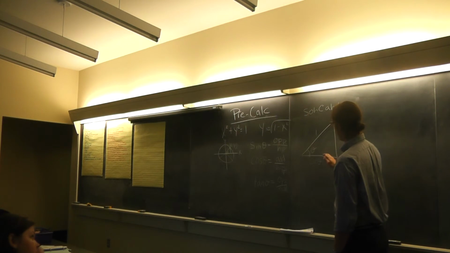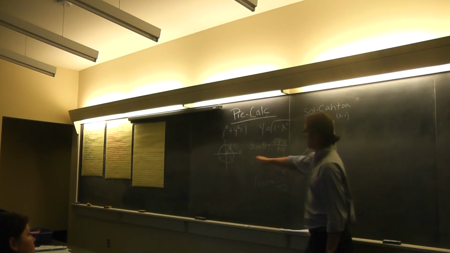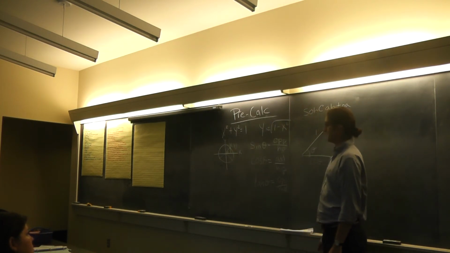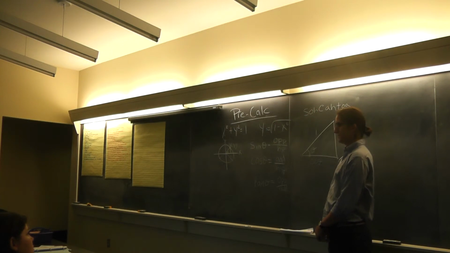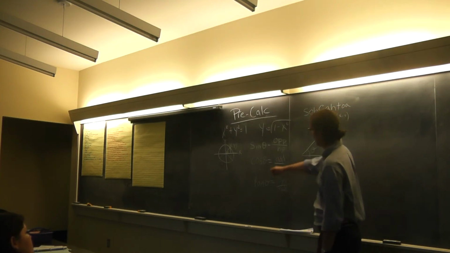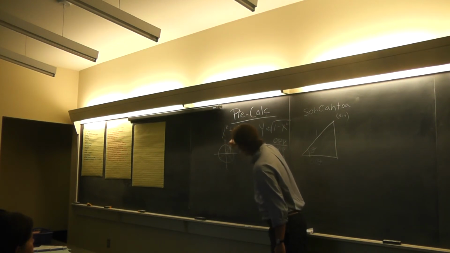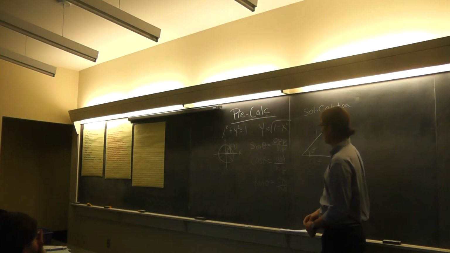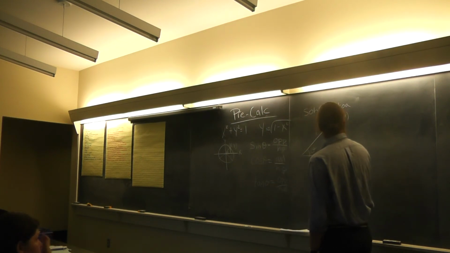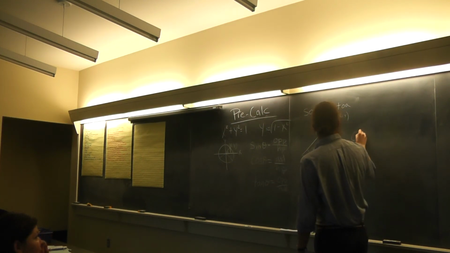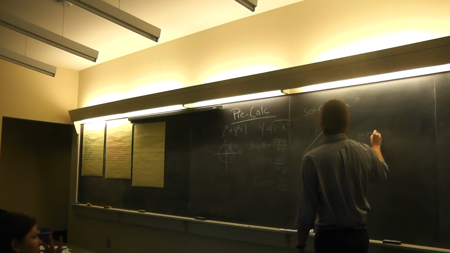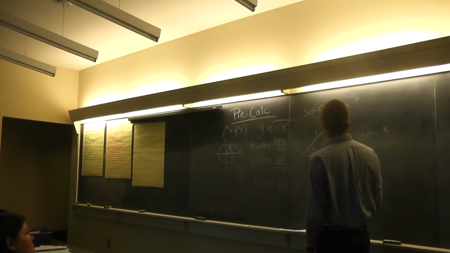Now, what can someone tell me about this length as related to the unit circle? How did we rewrite this to get this point? It's x, the length is x. So we can rewrite this as cosine of theta equals x.